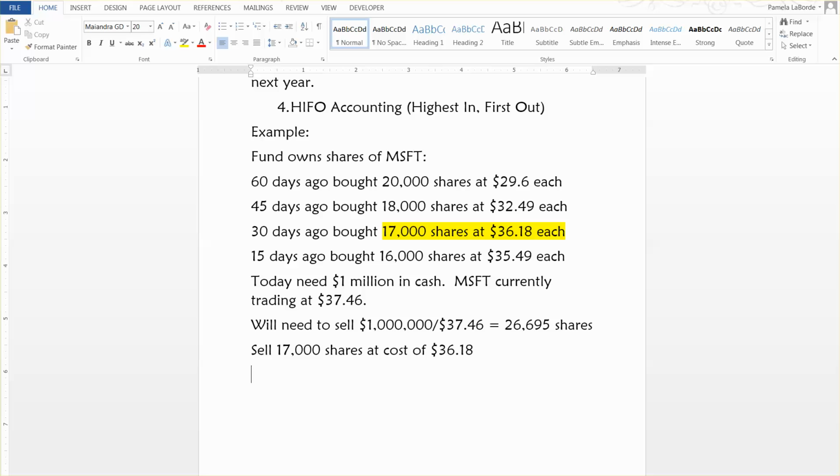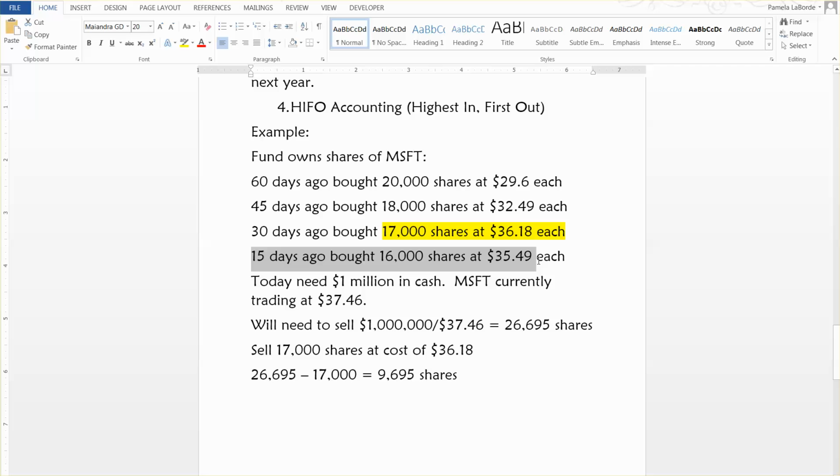And that's going to mean that I need to sell some more. 26,695 is how much I need to sell altogether, and I just sold 17,000 of them. So I still need to sell 9,695 shares.